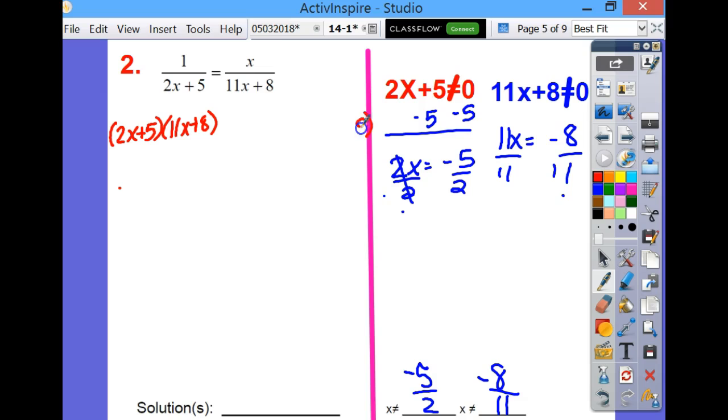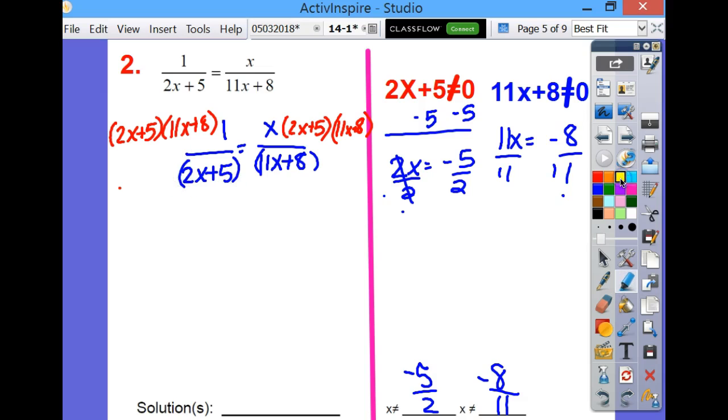I'm going to multiply that on both sides of my proportion. I'll multiply it by this fraction, and I'm going to multiply it by this fraction. That's going to cause this part to cancel out and this part to cancel out.